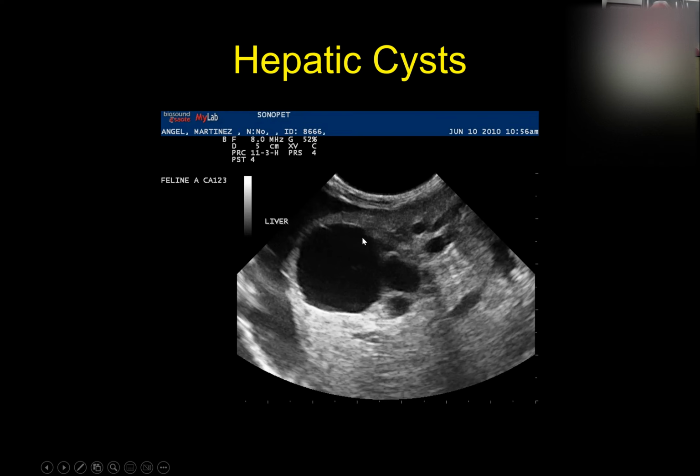Okay. So if I was to define and compare how a cyst appears on ultrasound versus an abscess, a cyst is something that is perfectly round, oval in shape. Okay. An abscess, on the other hand, is irregular in shape and poorly defined. In a cyst, the wall of the cyst is usually very smoothly marginated, thin walled, and crisply defined. In an abscess, the wall is thick and irregular and poorly defined.